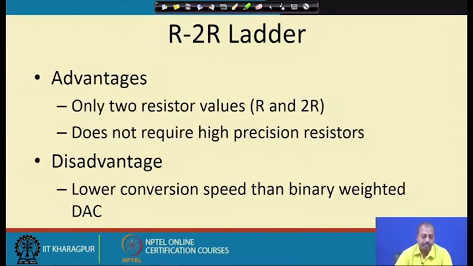The disadvantage is the low conversion speed compared to the binary weighted DAC, because the current and voltage are decided by individual resistances, so it becomes slower.